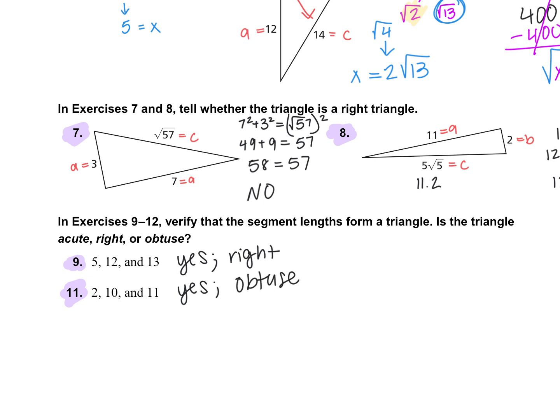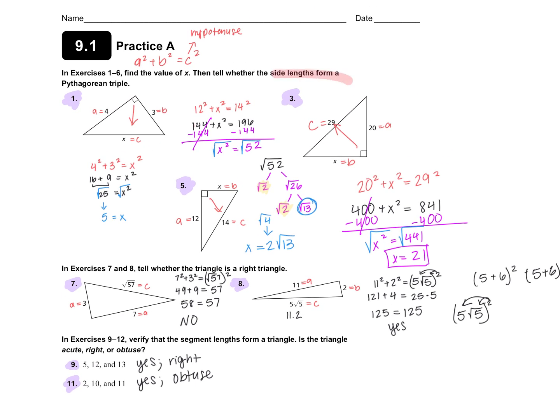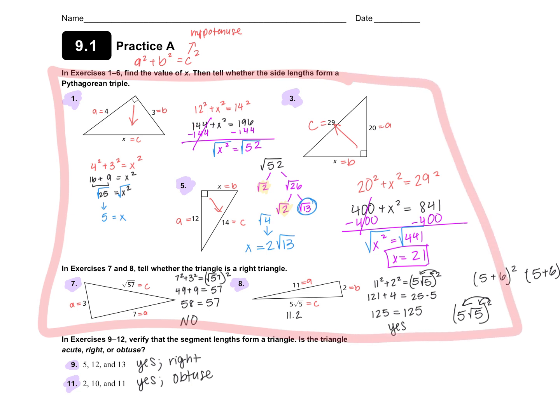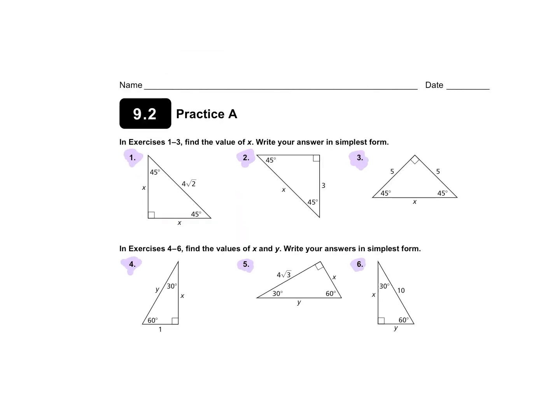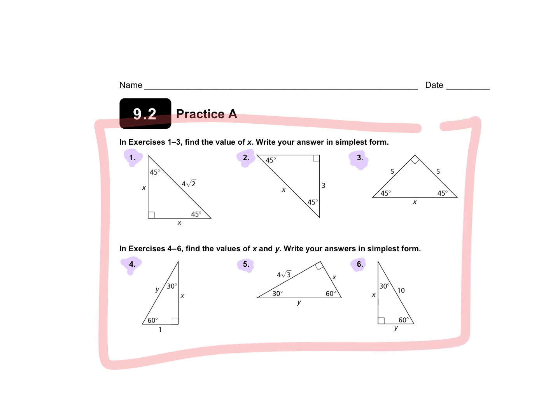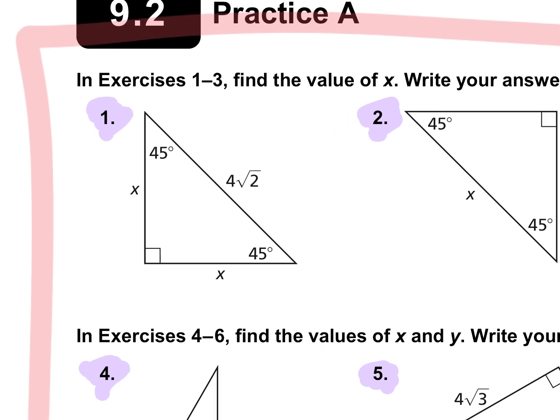So the most important thing on this page is going to be these questions. Definitely study these questions because you will see these questions on the quiz. All right, next. You will see both of these questions, so it's definitely in your best interest to study all of these. I am going to go over them.